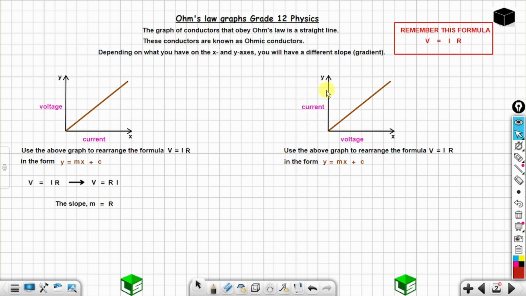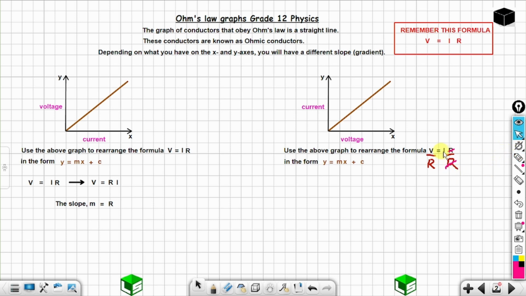So what you can do is divide by resistance on both sides so that you are left with current alone. What you do on the right, you also do on the left. Now you cancel this and this.